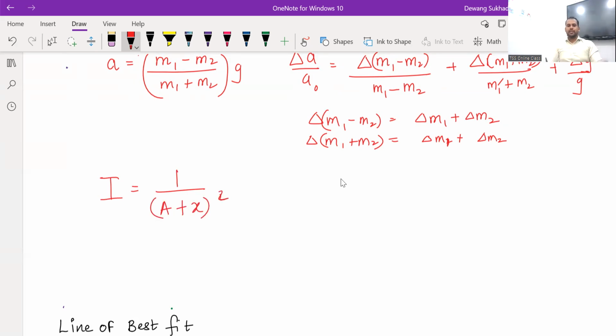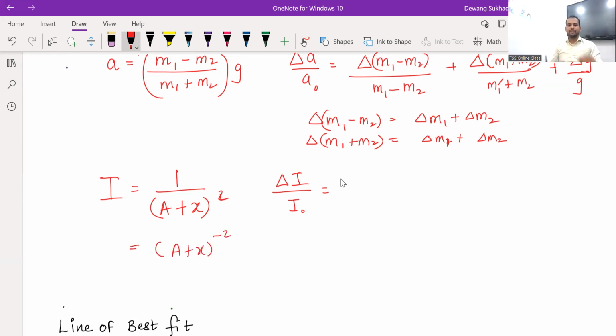Now in this particular case, if a is a constant, and if I want to predict the uncertainty of I, I will take the uncertainty of I upon I. Since there is a power of 2, and it is in the denominator, I can write it in the numerator.